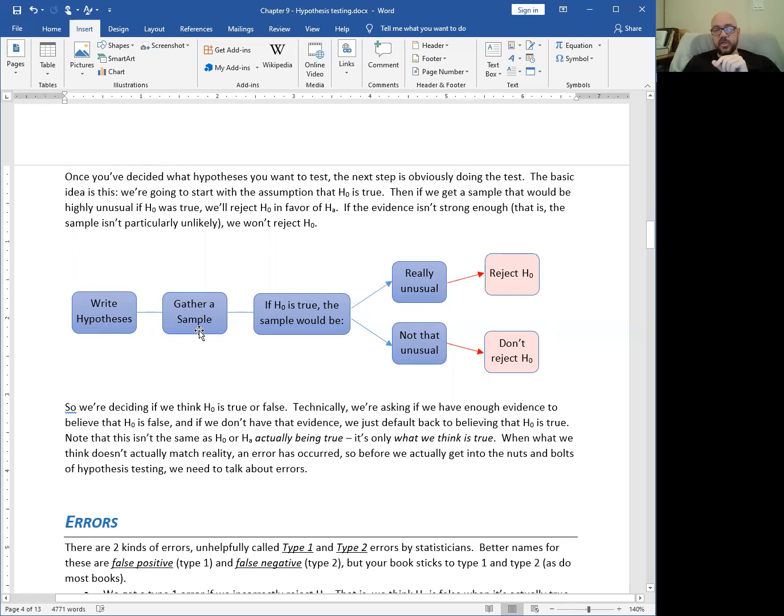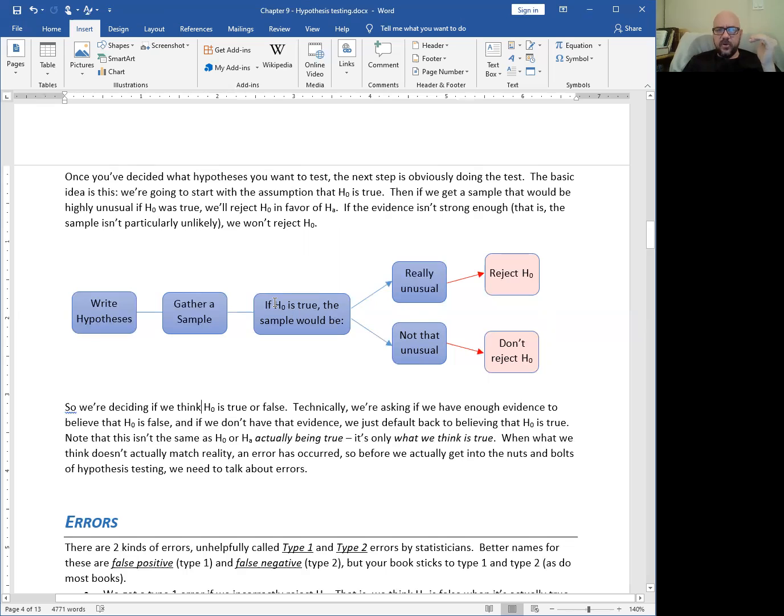Now, for us, this is just going to be like read out of the book. And then the question that we ask basically is this: if the null hypothesis is true, then this sample that we just gathered would be really unusual or not that unusual. And we'll talk about what this means in the next video, or maybe 2 videos from now. But that's basically the question we're asking.